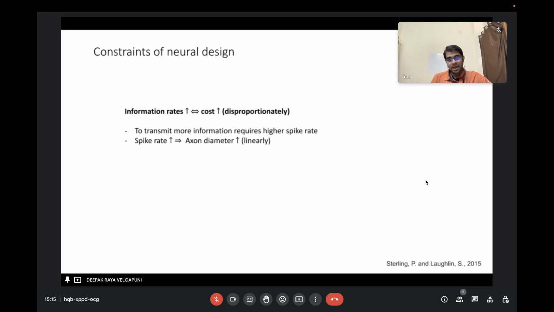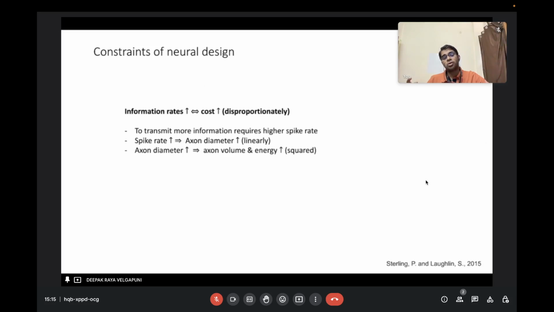With increase in spike rate, axon diameter also increases, because with increase in axon diameter, the propagation speed increases, as we have seen that the myelin sheath improves the speed of propagation. And with rise in axon diameter, volume and energy also rise. So wanting more information rates creates costs at different levels.